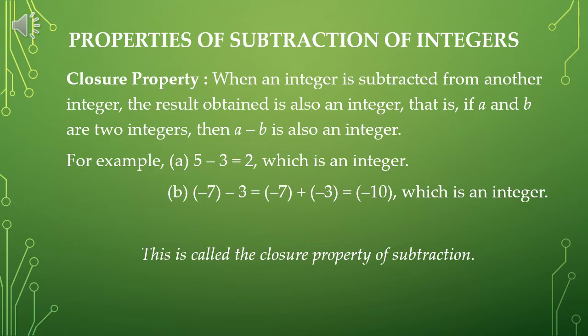So minus 7 minus plus 3, minus plus will become minus. So minus 7 minus 3 is minus 10. So when you subtract two integers, the answer will also be an integer. This is called the closure property of subtraction of integers.